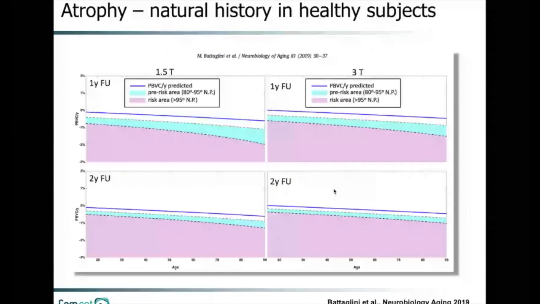And this has been very nicely shown last year by Marco Battaglini and co-workers. Again, a MAGNIMS effort. You can see here that the decrease per year in brain atrophy is present from very early in the age of a particular person, and it accelerates over time. So it's something that is going on not just in patients, but also in healthy subjects.